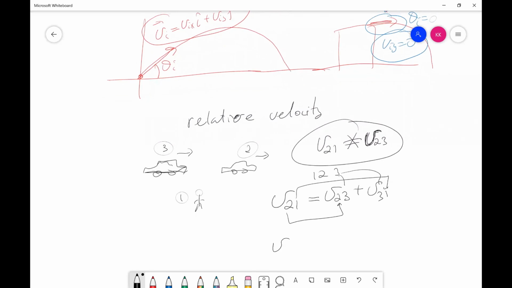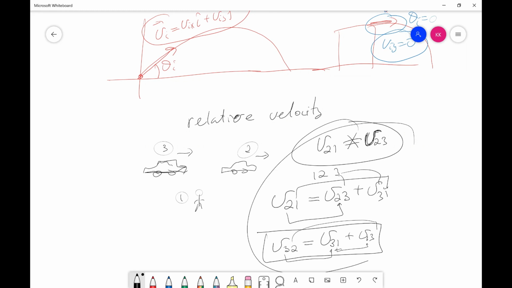Or let's say velocity of 3 relative to 2 will be velocity of, you move this one here, 3 relative to 1, then velocity of 1 relative to 3. Where the inner ones, right, are the third object, and you have to use 3 different objects to get the relative velocities.